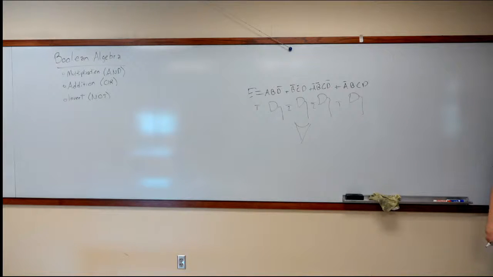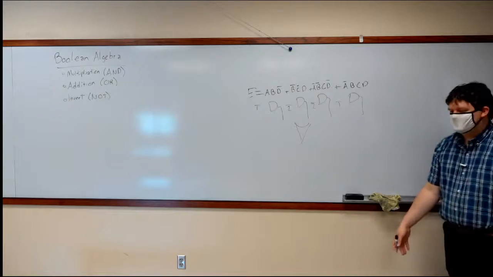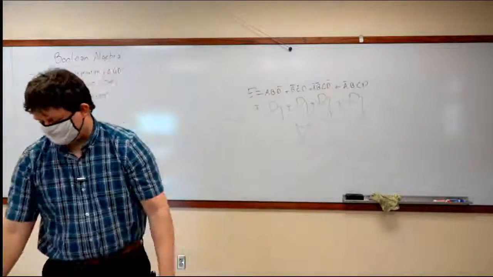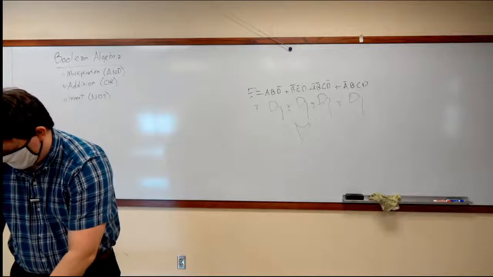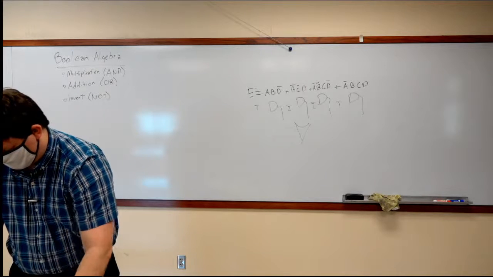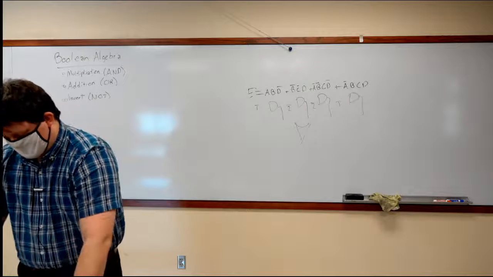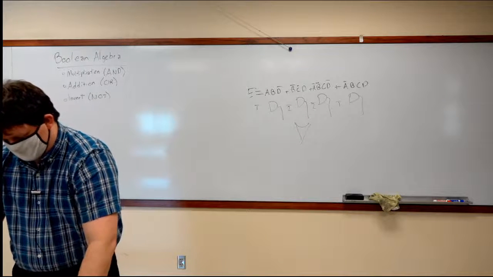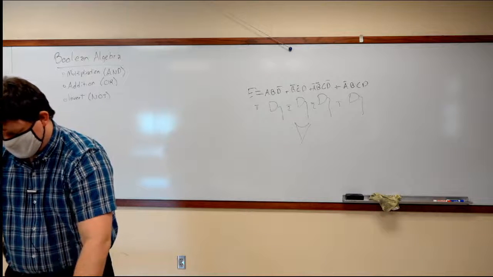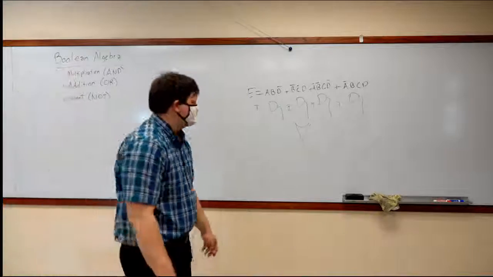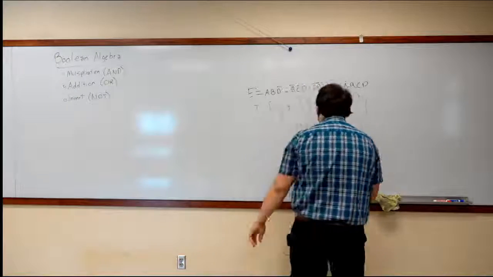This way is called a sum of products. Actually, I have to go backward in the chapter. Problem is I bounced around a little bit in chapter 7 because I'm trying to teach it the way that makes the most sense to me.